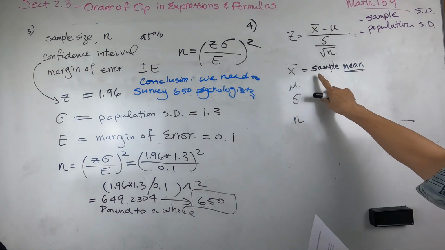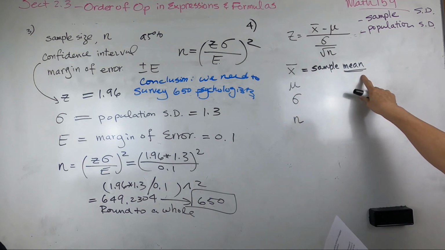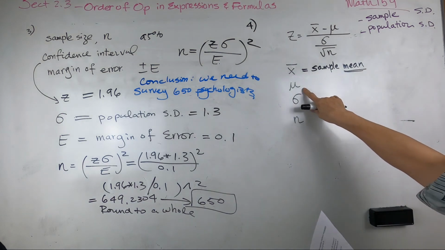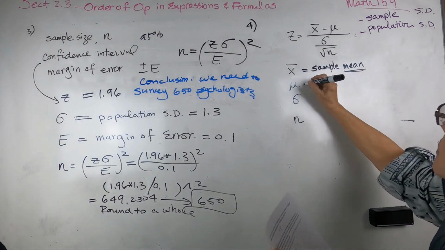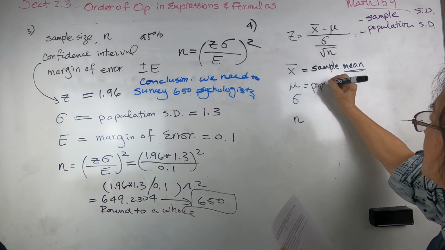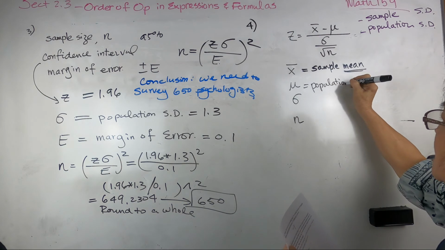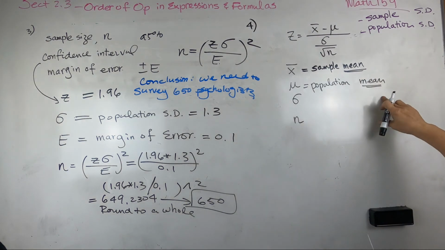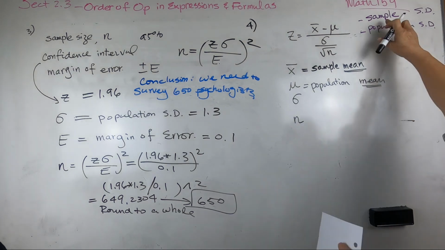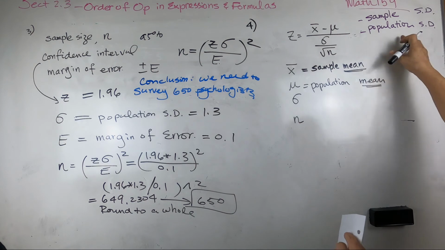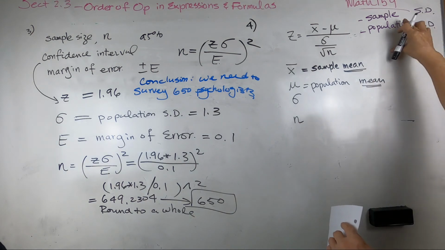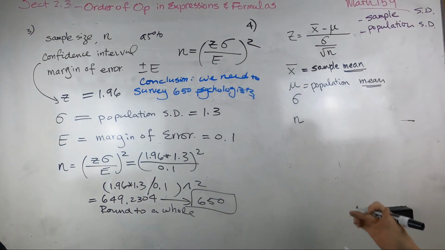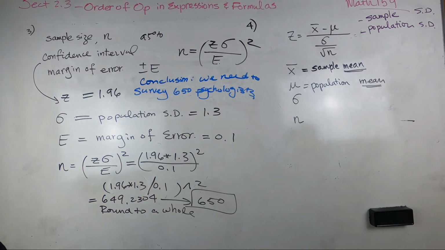So x bar is used for the sample mean, and mu is used for the population mean, the average. Same thing for standard deviation: one is for the sample, one is for the population. You will get used to it later.